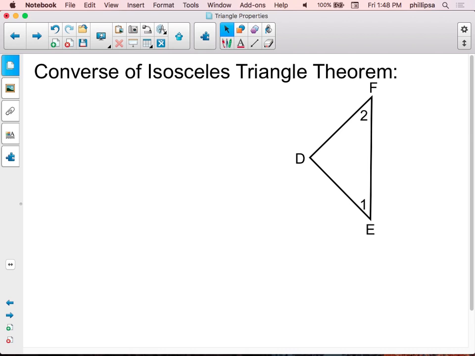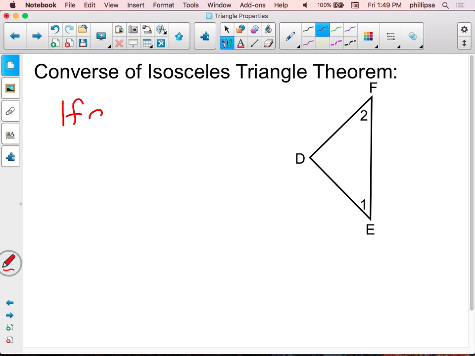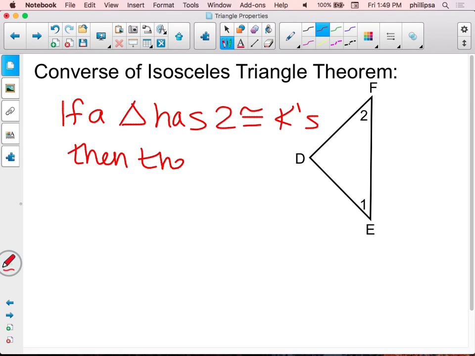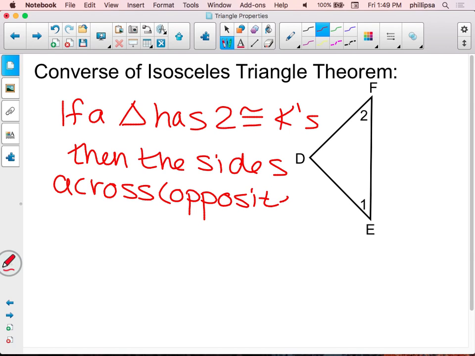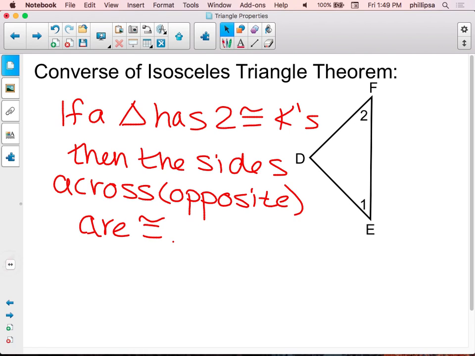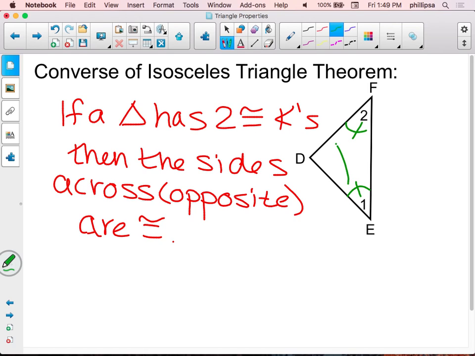If a triangle has two congruent angles, then the two sides across from them are also congruent. So if I told you angle 1 is congruent to angle 2, you immediately know that DF has to be congruent to DE.